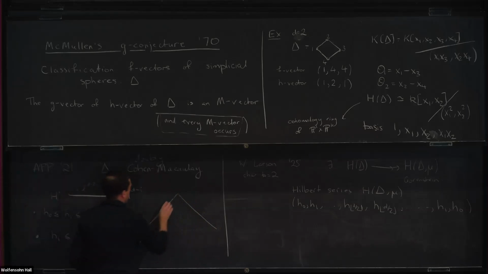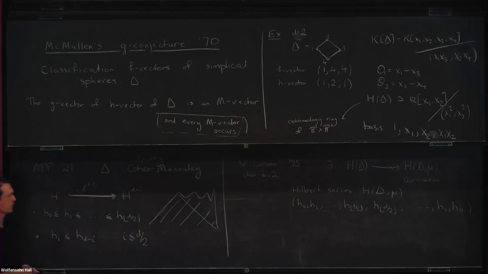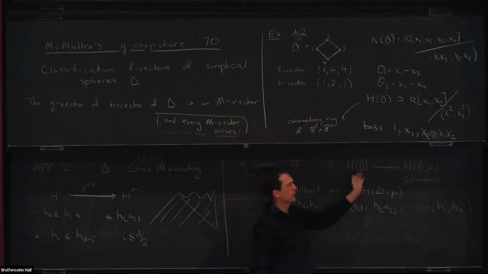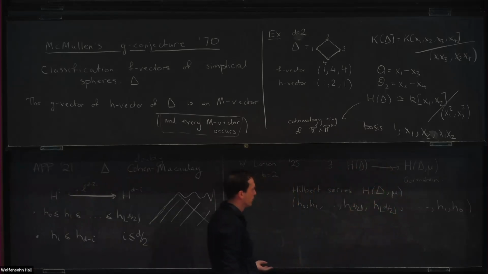So it goes up and then it does something we have no idea about in the second half. That's kind of graphing the Hilbert series. And this guy is saying that this extra part here, this difference, is like the kernel of something. So it's the Hilbert series of something algebraic.